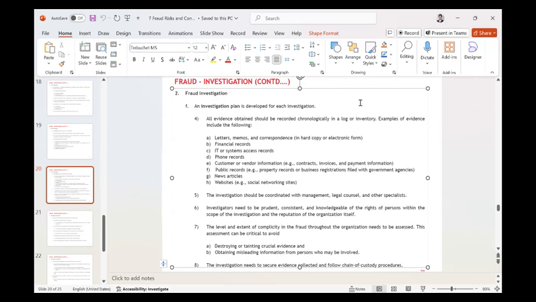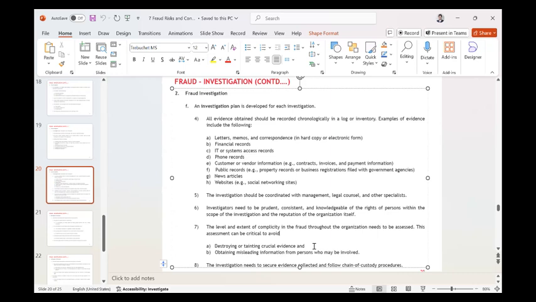So in such a situation, you have to protect the evidence, right? For that, you need to plan the gathering of evidence, find out where your evidence could reside, and quickly take steps to isolate that evidence so that the fraudster cannot destroy it.